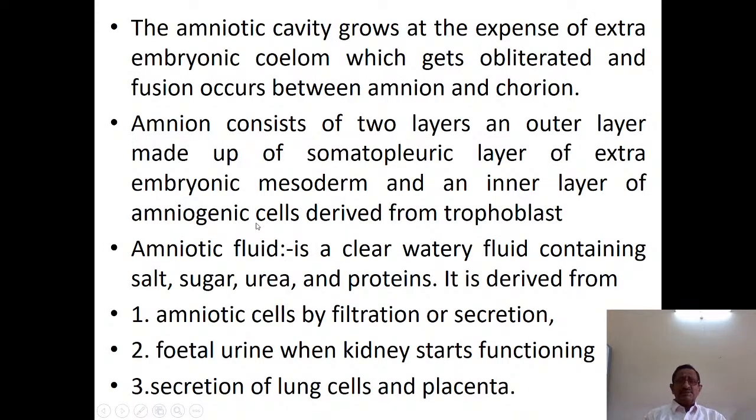Now the amniotic cavity grows at the expense of the extra-embryonic coelom, which gets obliterated, and fusion occurs between amnion and chorion. As the amniotic cavity enlarges, it first covers the embryo, then covers the whole of the yolk sac as well, such that it is almost touching the outer wall of the coelomic cavity.